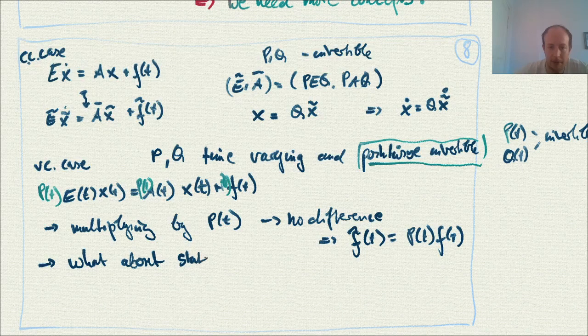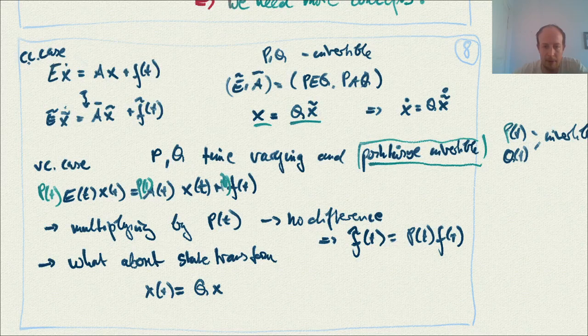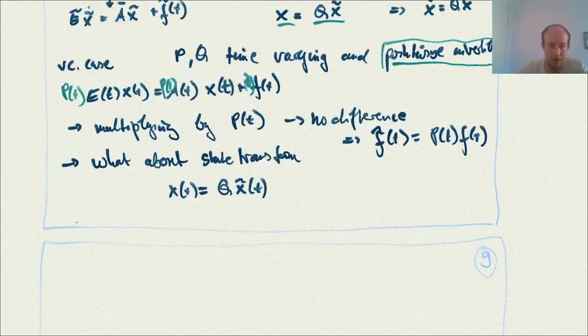More about state transformations. One certainly wants to do it just like that, so x of t should be q times x tilde of t. Well, because this is how it works.